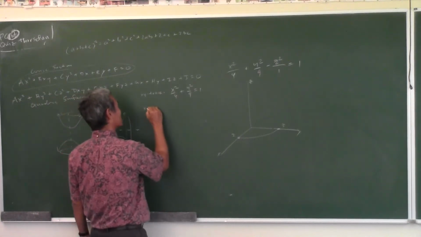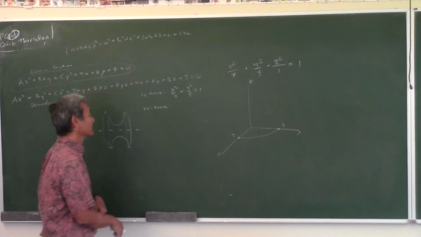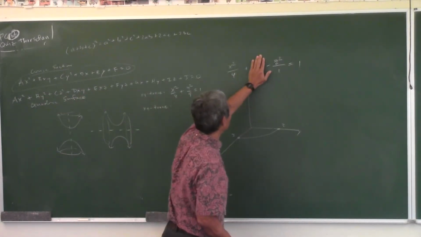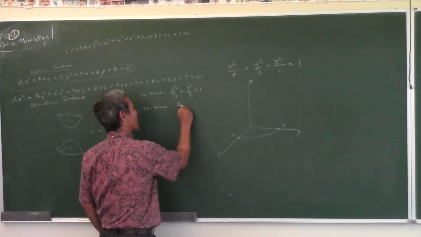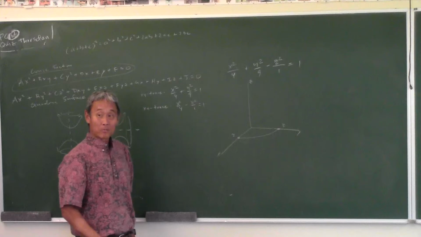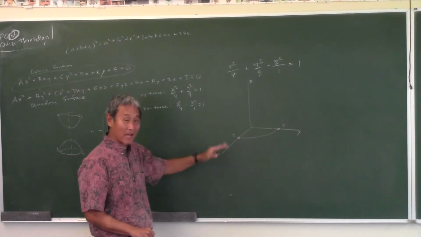Now let's do the xz trace. How do you find the xz trace? You set y equal to 0, and then you get x squared over 4 minus z squared over 1 equals 0. That's a hyperbola, but you have to graph it in the xz plane.